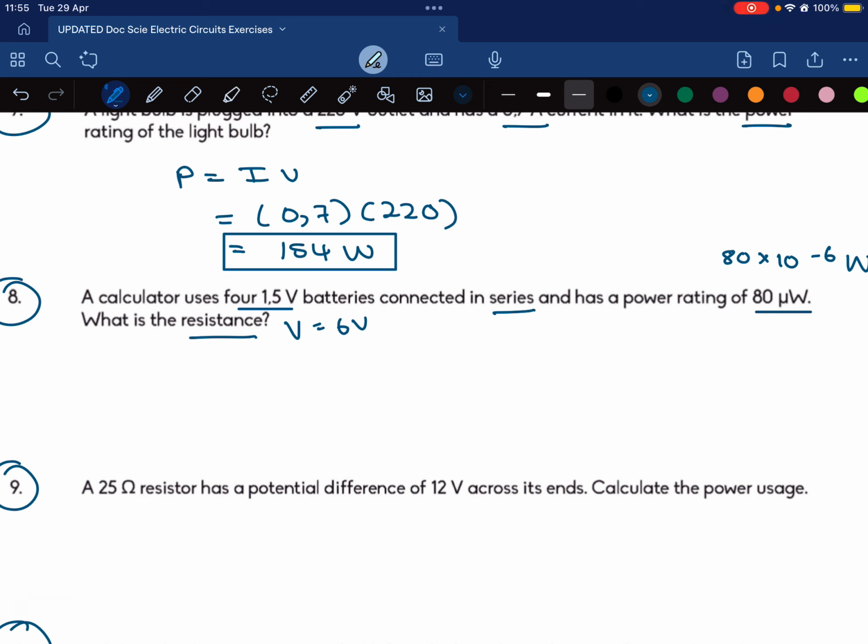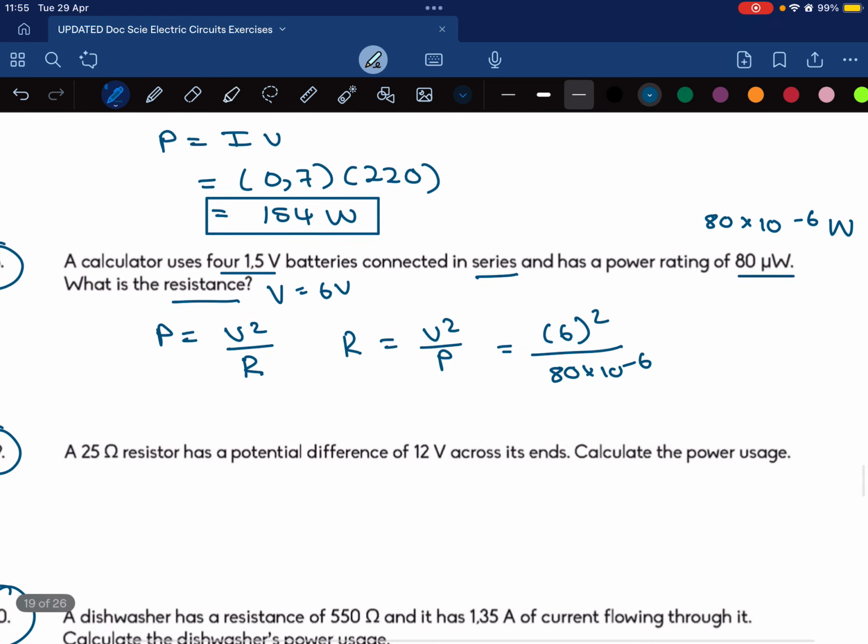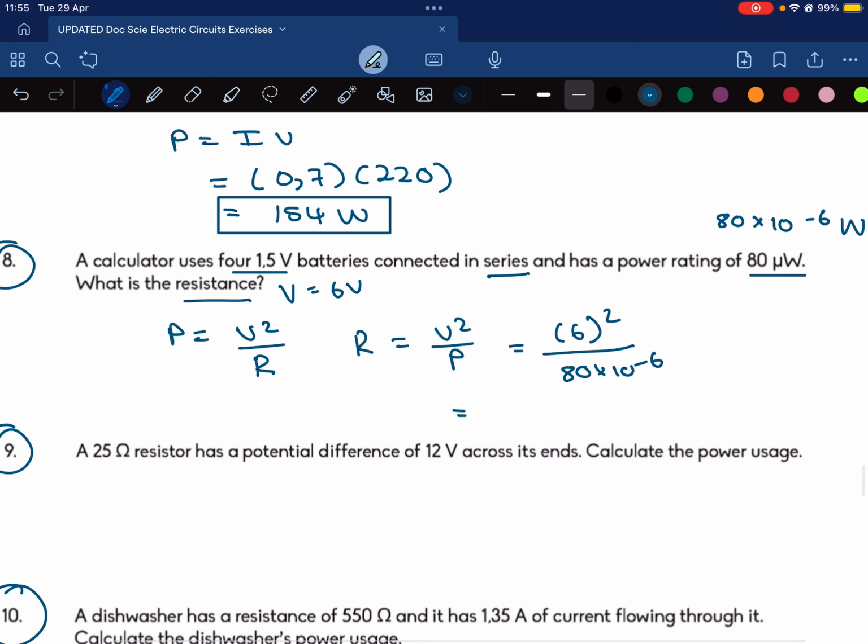So that is P is equal to V squared over R. They want to know what the resistance is. Therefore the resistance is equal to V squared divided by P, which is the 6 volts squared divided by the power, which is 80 times 10 to the negative 6, which is going to give us an answer of 450,000 ohms.